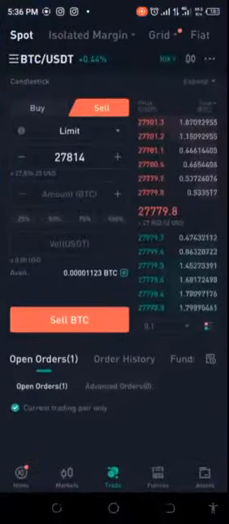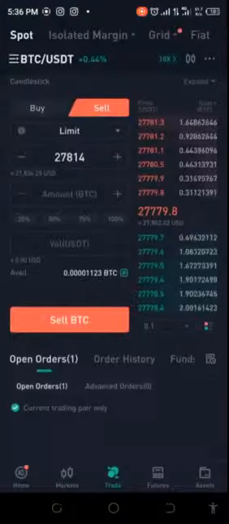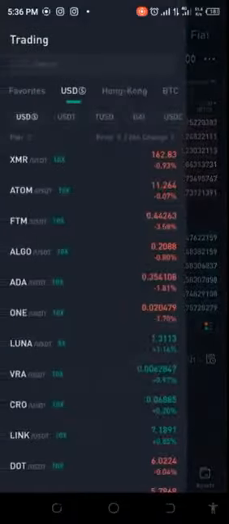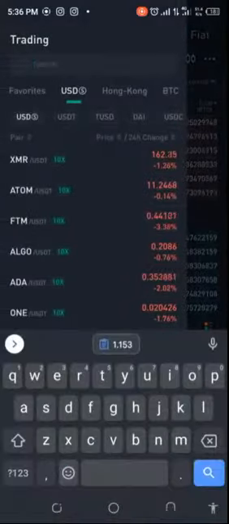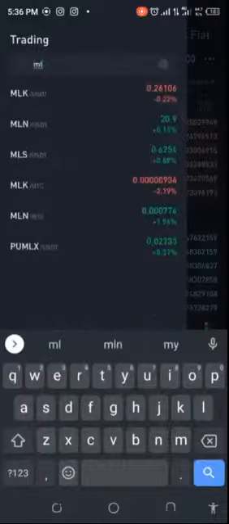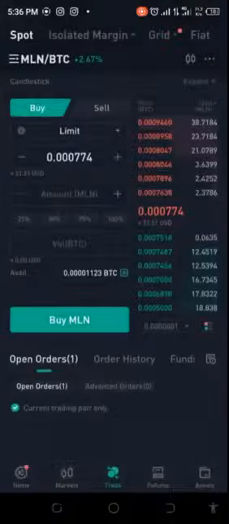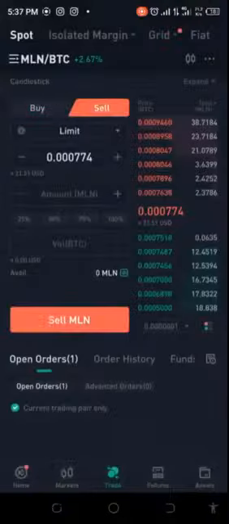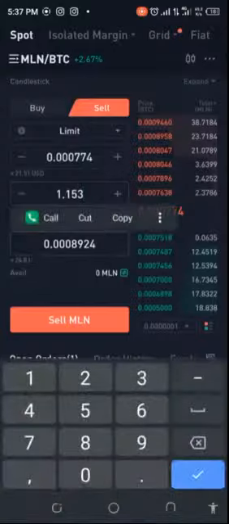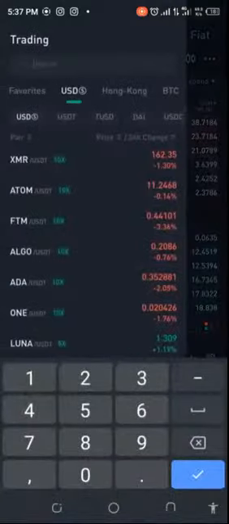I've initially checked out the withdrawal amount, which is about 20 cents. That's quite high, but it's ERC20, and I'm even surprised it's not higher for ERC20. That's the network fee. So let's pick out MLN and see. We have 774. We put sell, put the amount of MLN we have, then copy that and quickly see whether we'll make money with this.